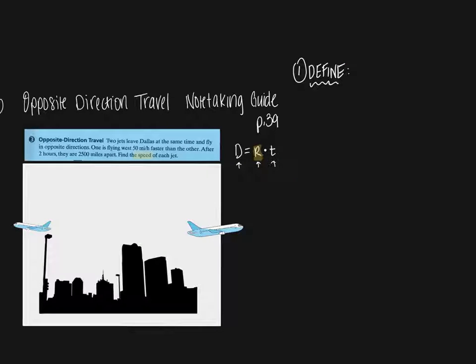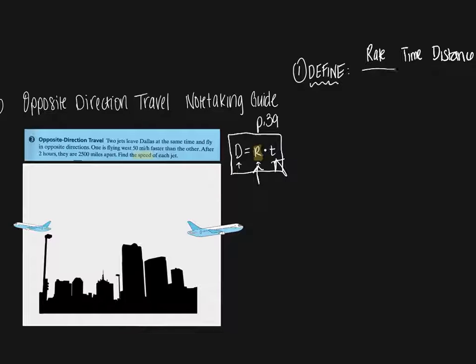So I need to define my variables. I'm again going to end up using this formula here. I have my distance traveled, and I have time, and I'm hoping to find rate.